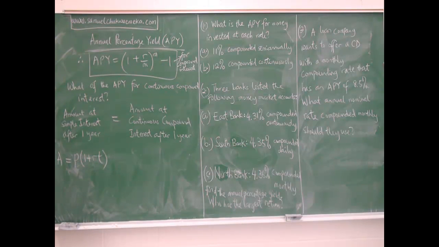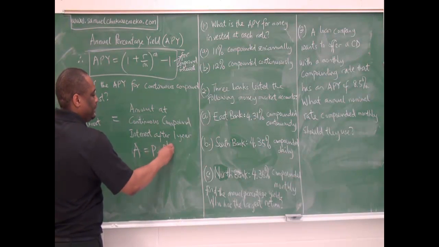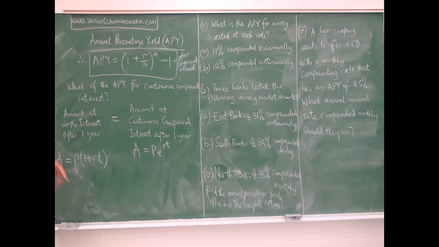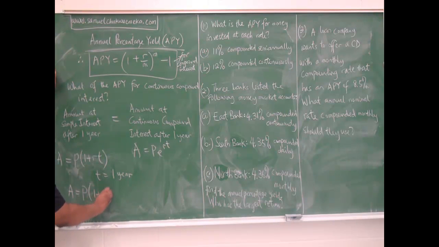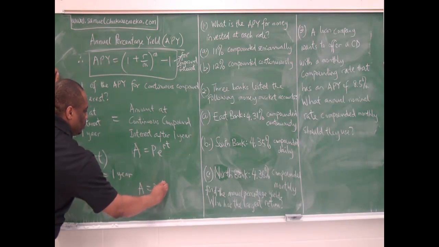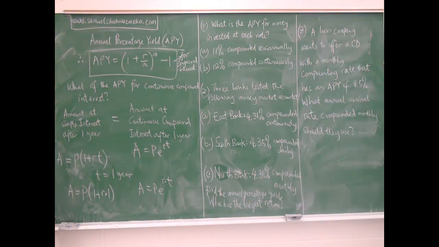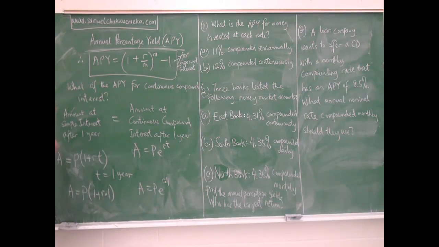Then the amount at continuous compound interest after 1 year will be A equal to P e^(RT). That's why I said you should view the videos on that. Now our T is equal to 1 year. So A equal to P(1 + R times 1), and A equal to P e^(R times 1).